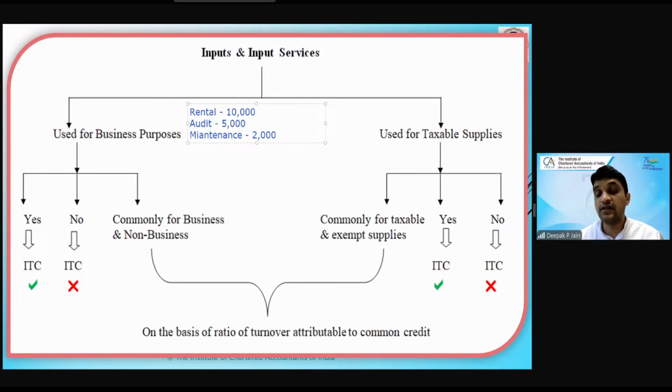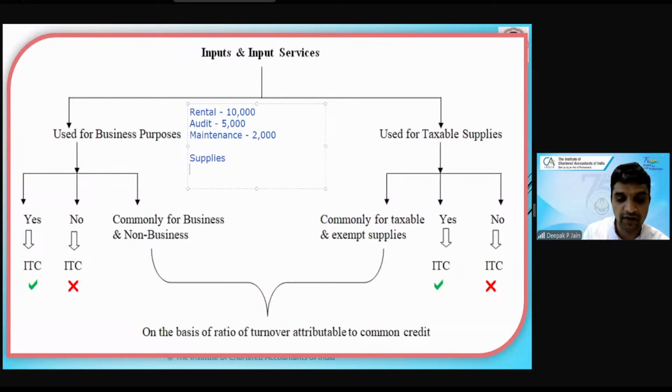So all of this is the tax value. Okay. Not the value of supply. These are the tax on the supply that is being made. Now, this is the credit which is available to you. Okay. You have two types of supplies.